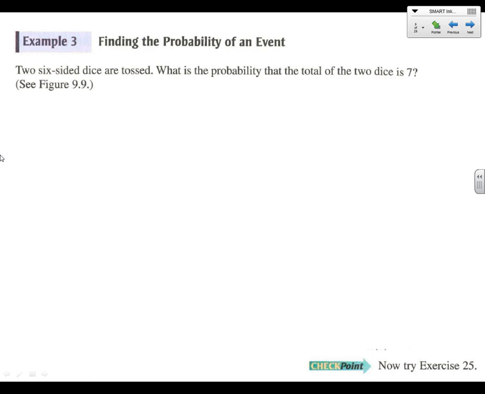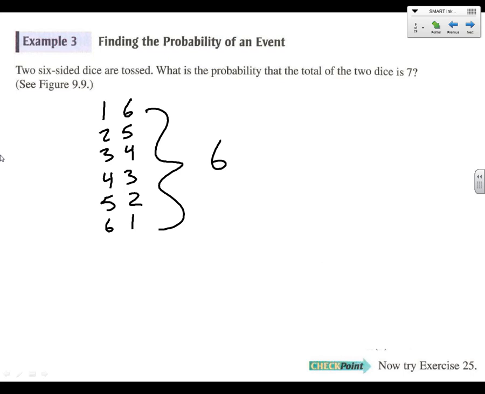All right, 2 6-sided dice are tossed. What's the probability the total is 7? Let's figure out all the ways to add up to 7. A 1 and a 6, a 2 and a 5, a 3 and a 4. A 4 and a 3 is different than 3 and 4, so we've got to go all the way through. So there are 6 ways out of, how many different possibilities are there? Well, if you roll the dice first, there's 6 ways there.